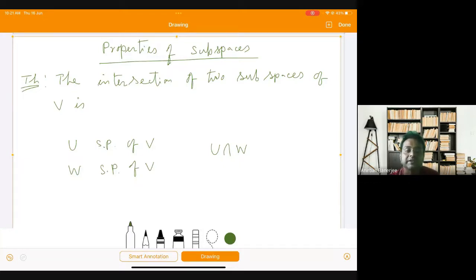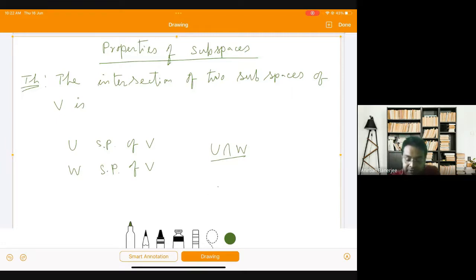First point, okay, fine. Now, if you take any vector, let's say V1 belongs to U intersection W, and any other vector, let's say V2.